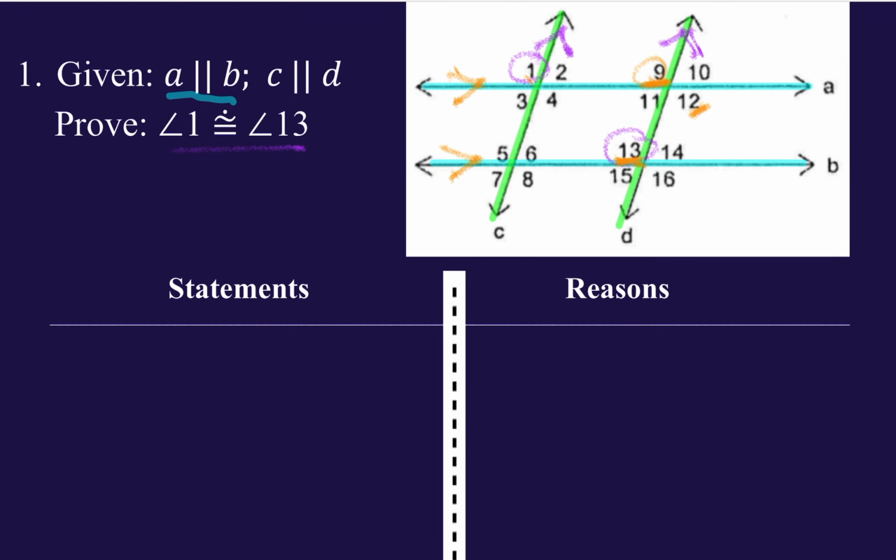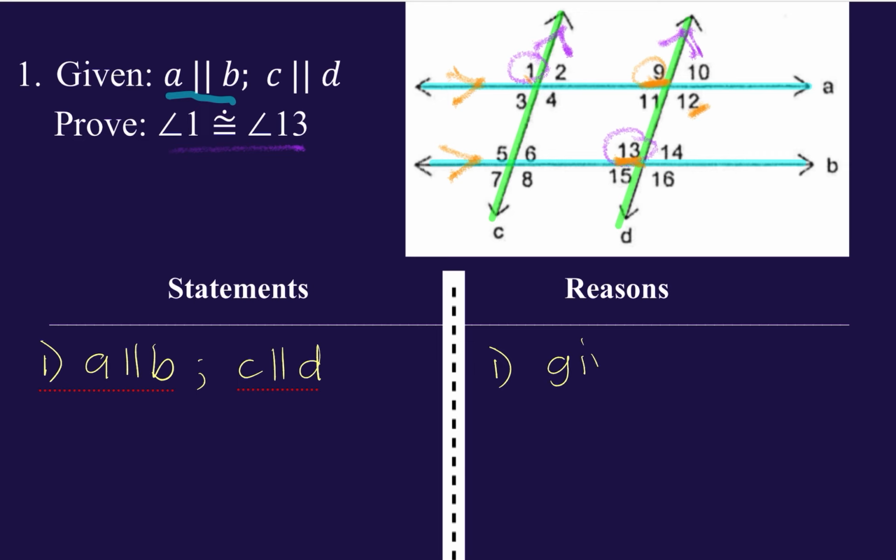So we're going to begin with the first statement. A is parallel to B and C is parallel to D, and the reason is given. Now, if there are two givens, we could split them and put them in different statements, but you could also put them in one statement, just like what we're doing right now.